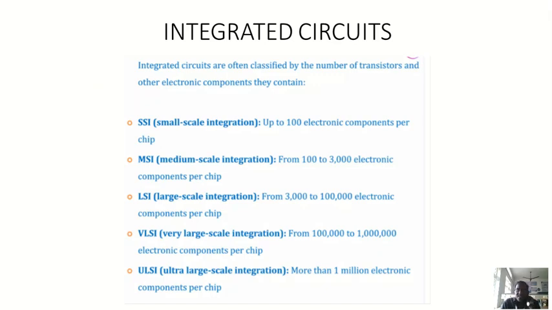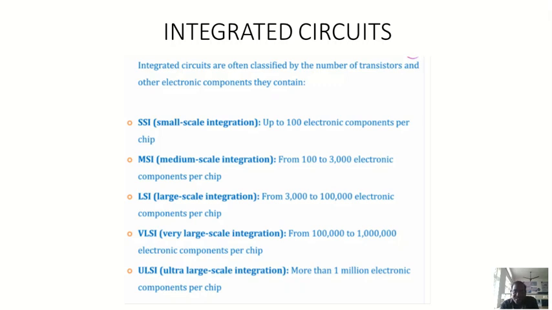These integrated circuits are classified as SSI, small scale integration; MSI, medium scale integration; LSI, large scale integration; VLSI, very large scale integration; and ULSI, ultra large scale integration. That depends upon the number of transistors and other electronic components they contain.